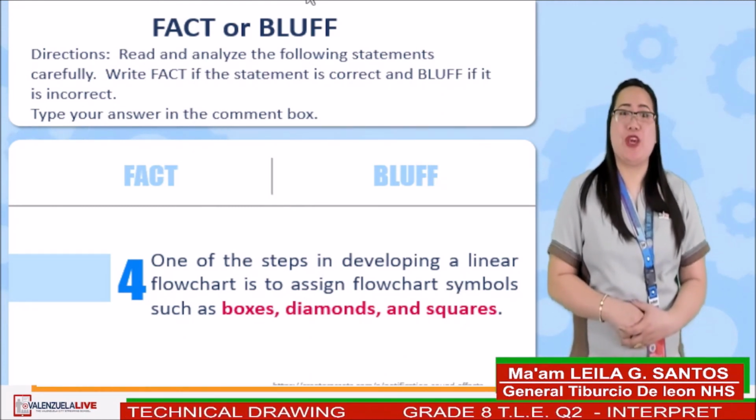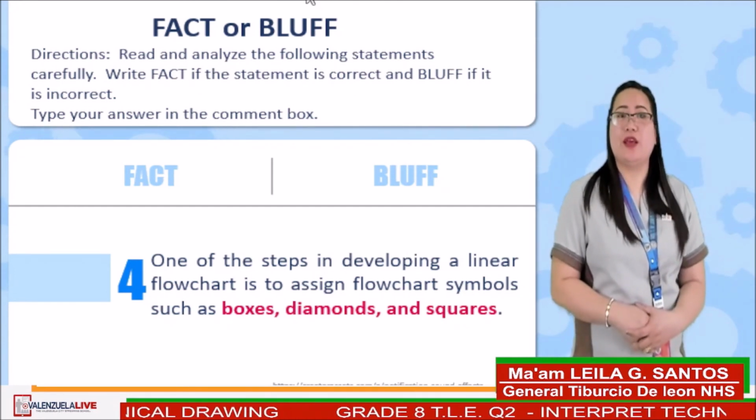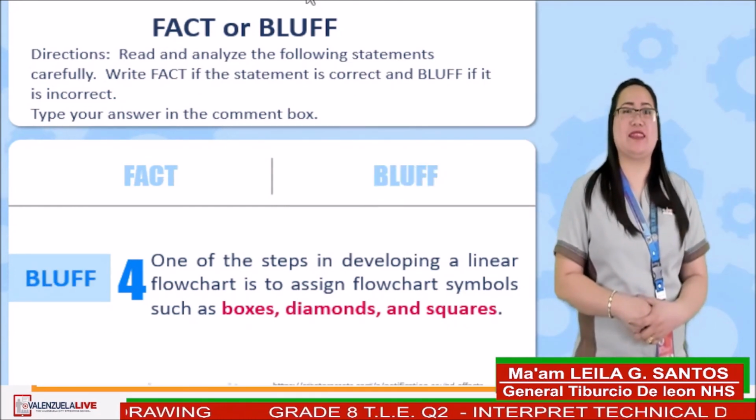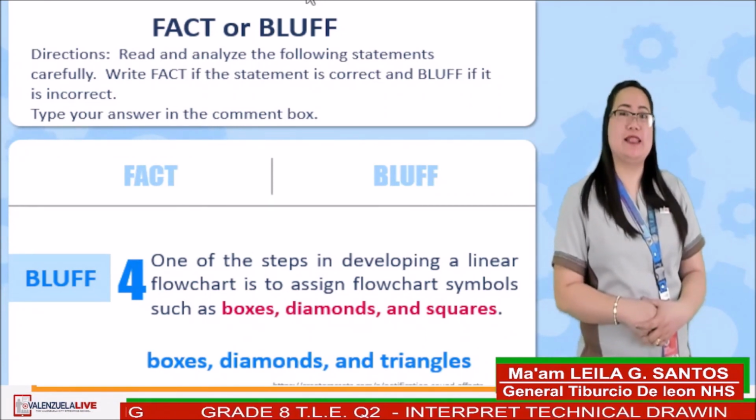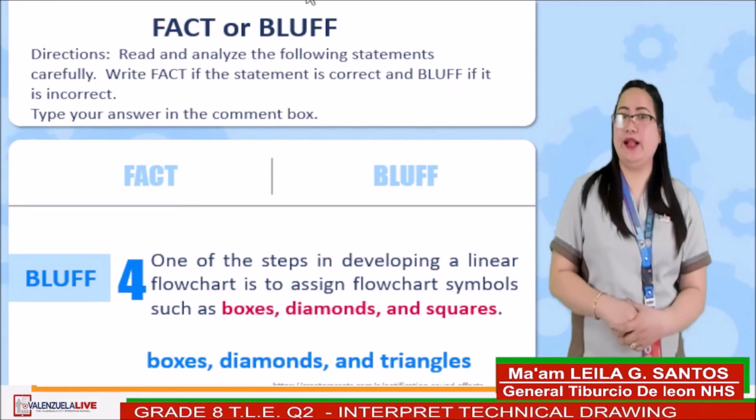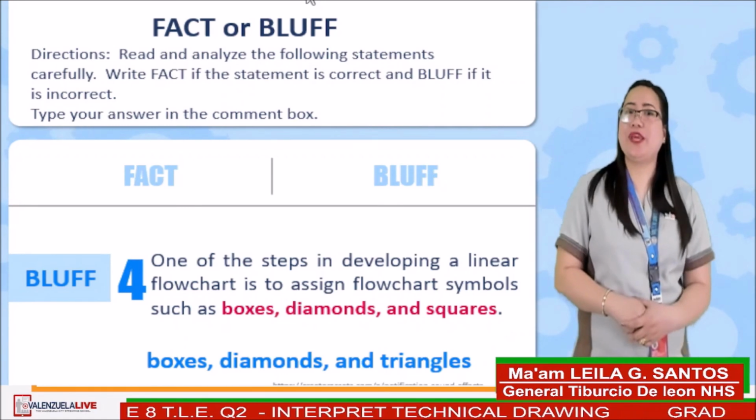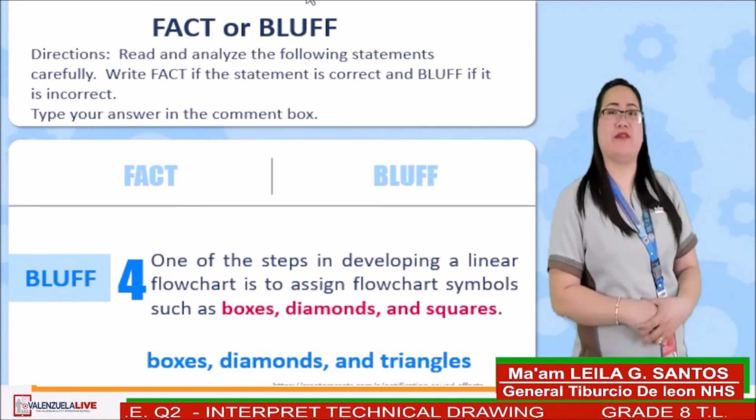Time's up. If your answer is bluff, great, that is correct. It should be boxes, diamonds, and triangles. How about the answer for item number 5?